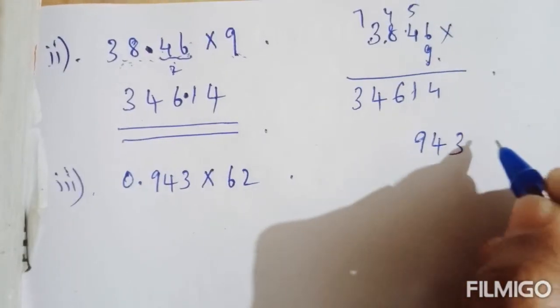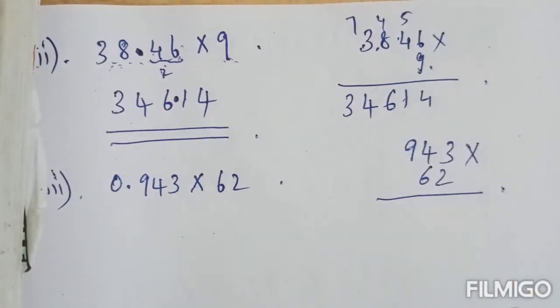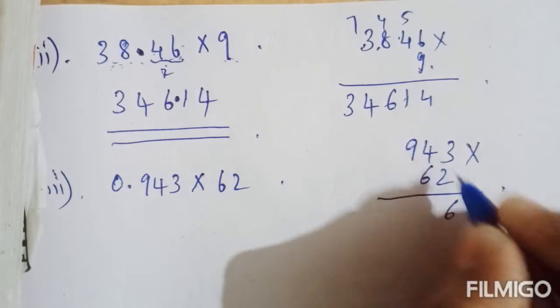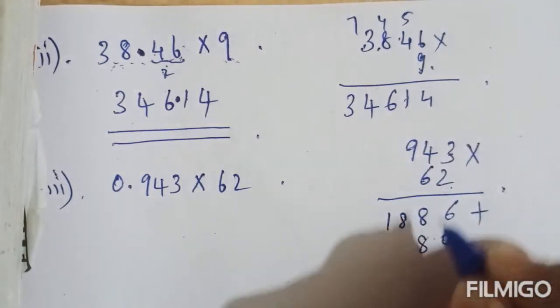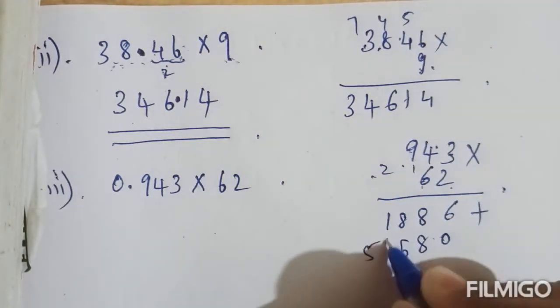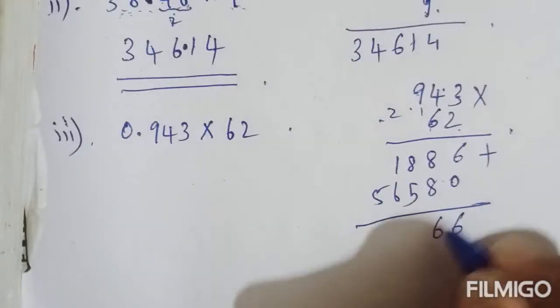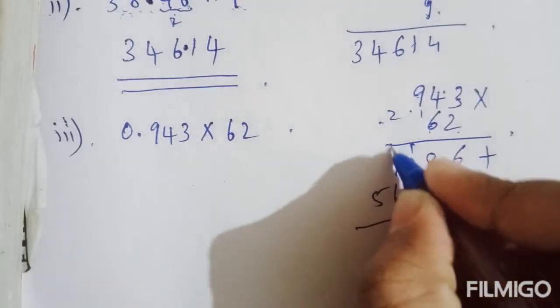So 943 into 62 you find first. 3 into 2, 6, 4 into 2, 8, 9 into 2, 18 plus 0, 6 into 3, 18, 24, 25, 54, 56. Now 6, 16, 9, 13 plus 1, 14, 8, 5.